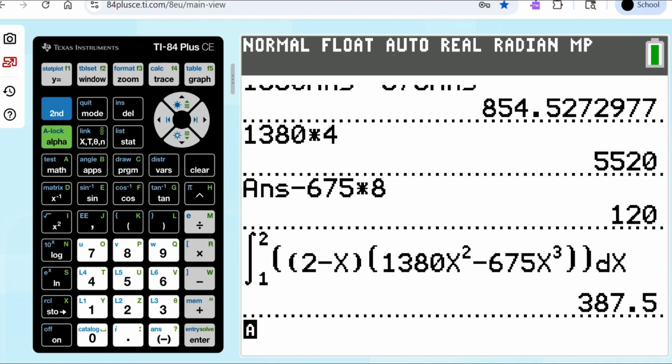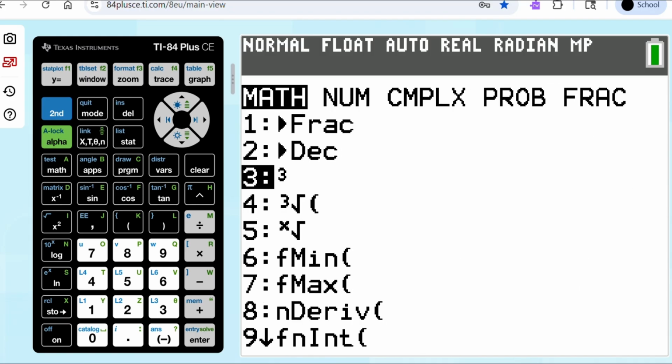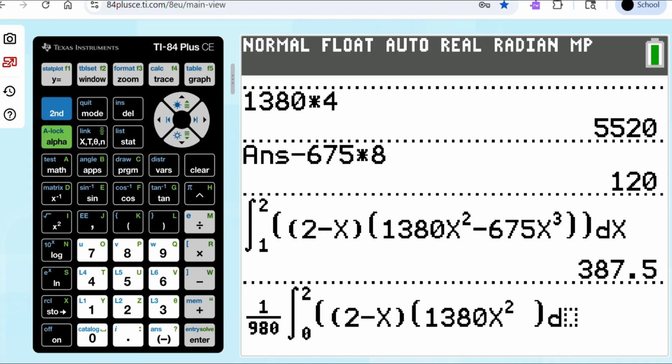So we'll put our alpha x here to put our nice little fraction out in front. 1 over 980, we'll do math, option number 9. We'll integrate from 0 to 2, and we'll do it of our W prime function, which is, once again, same thing we just used a minute ago, 2 minus x and 1380x squared minus 675x to the third.